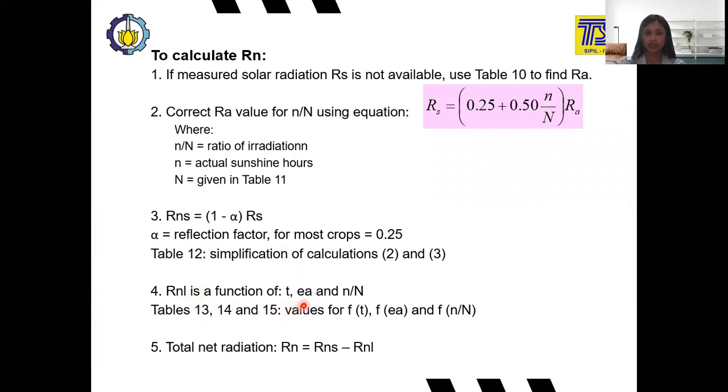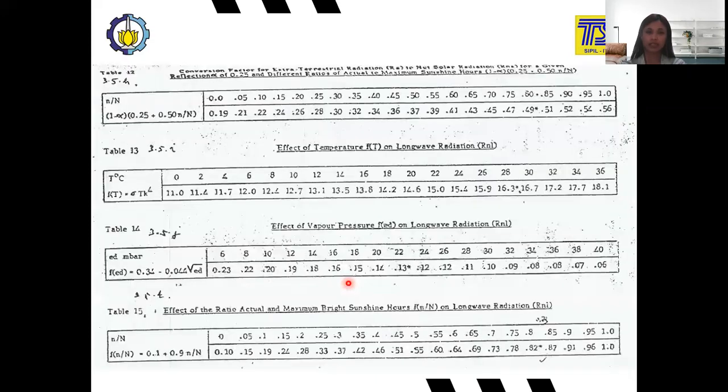RNL is a function of T, temperature, vapor pressure, and n/N. As you can see on tables 13, 14, and 15, you will get the number of the function of T, the function of vapor pressure, and the function of n/N.